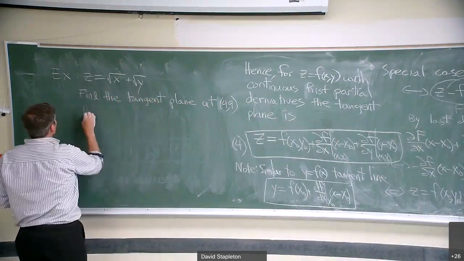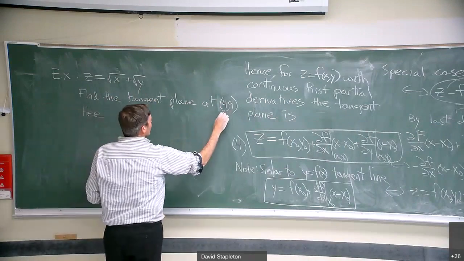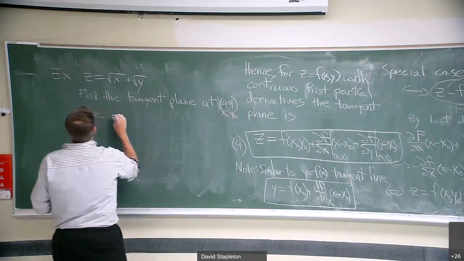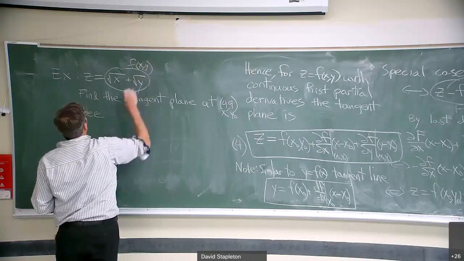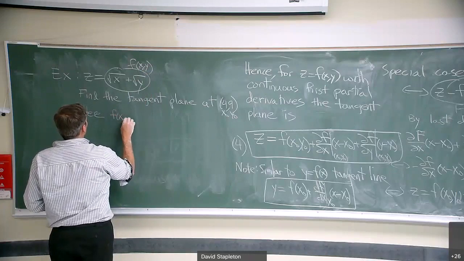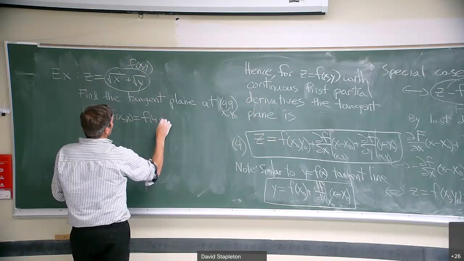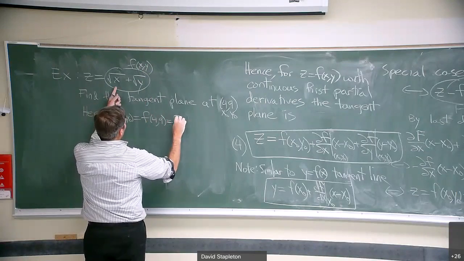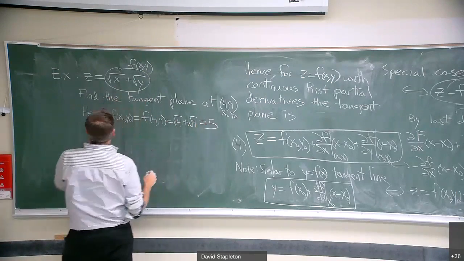So we'll say here, this is x naught and y naught. So I have, and this is f, little f this time. So f of x naught, y naught is f of 4, 9, is square root of 4 plus square root of 9. That is 5.